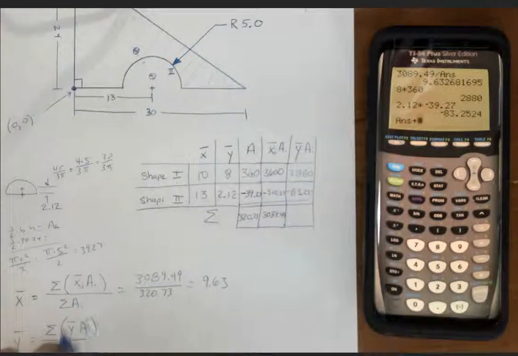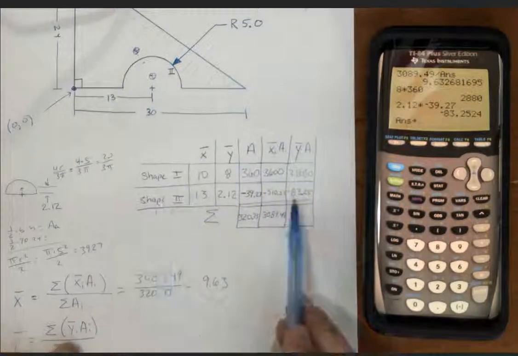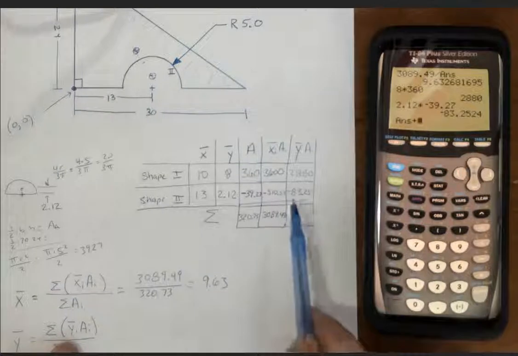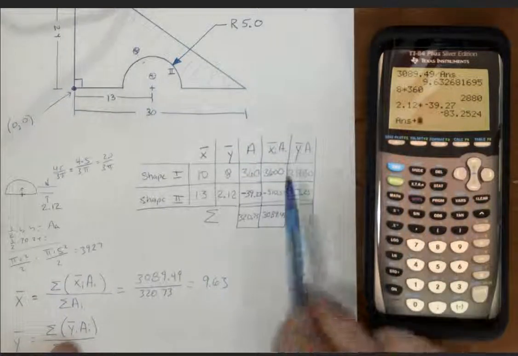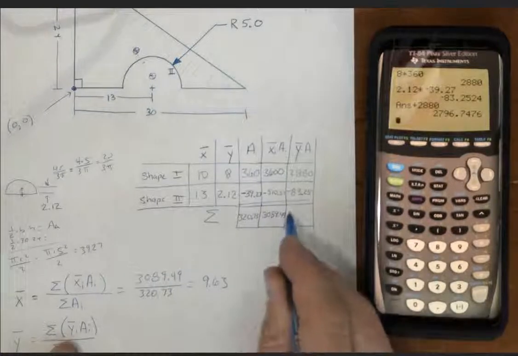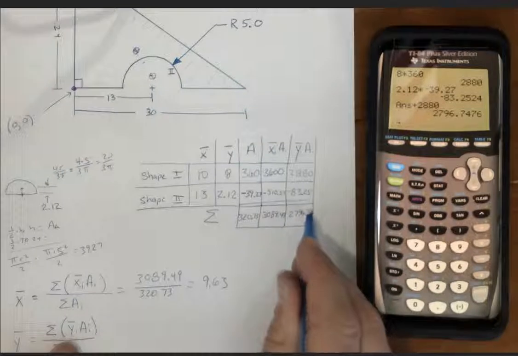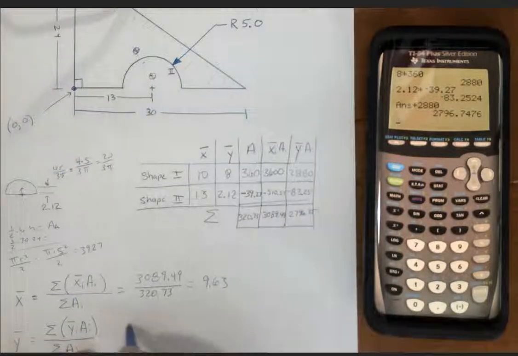I only have two instances, one for shape 1, one for shape 2. So that negative 83 is my previous answer plus the 2880, and I get 2796.75.